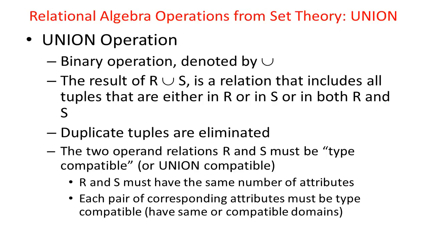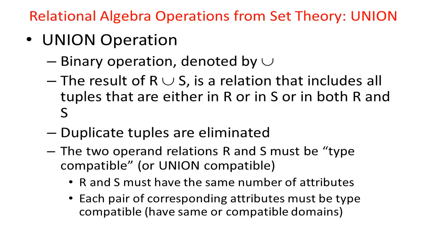If an element is common to both, only one copy will be considered, as in set theory. That means duplicate tuples are eliminated. If any tuple or record is present in both relations R and S, you'll get only one.